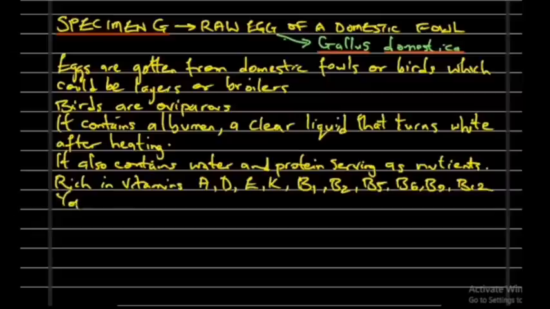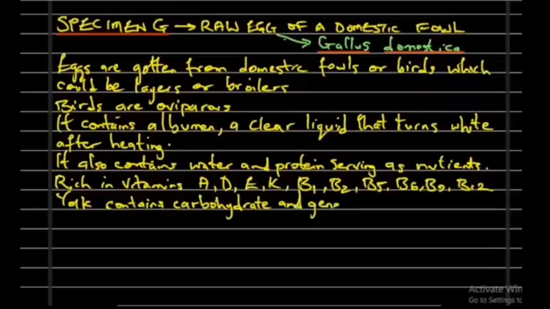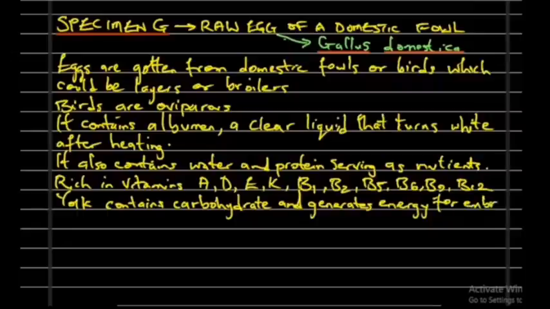Now it also has a yolk. The yolk contains carbohydrates and generates energy for the embryo. So the energy that is used by the embryo is generated by the yolk.